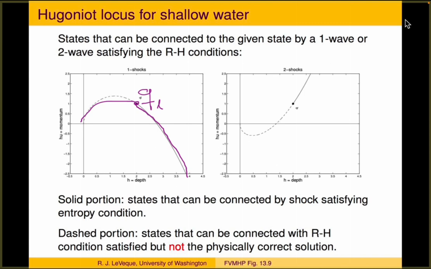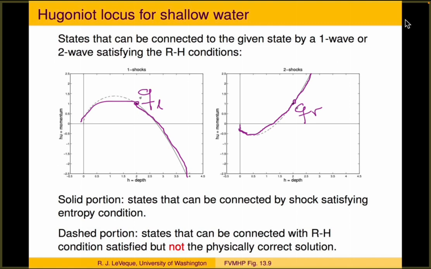And similarly, if we look at the right state, QR, and we look at 2 waves, well, if we go off in this direction, then we can connect QR to some middle state that's actually to the left of QR physically by a shock wave if it lies in this direction. But in the other direction where the line is dashed, we don't want to use a shock wave, and so instead of using that dashed line, we would replace that by the corresponding integral curve, which again looks very similar but doesn't lie right on top of it.